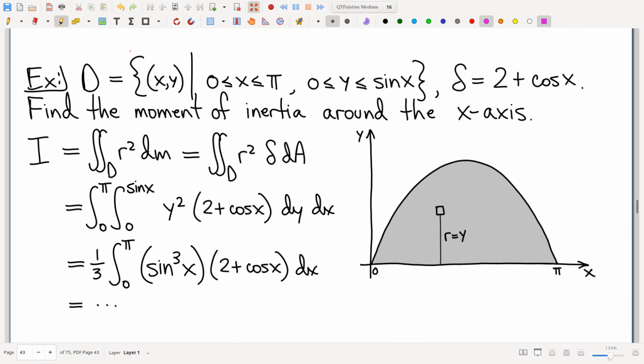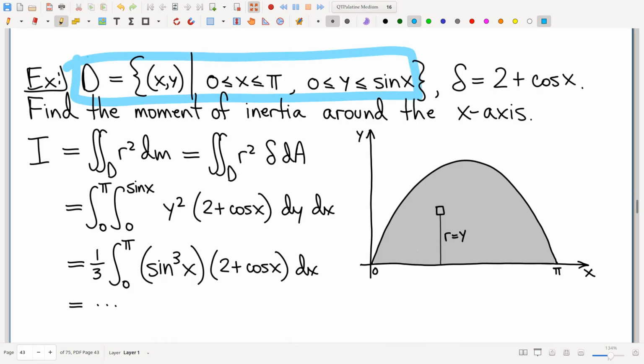So here's an example. Suppose we want to compute the moment of inertia of a certain mass, and here are the particulars. The mass is distributed over this region. Let me do it like this. Mass is distributed over that region. The density, you'll note, is not constant. 2 plus cosine x, that depends on x.